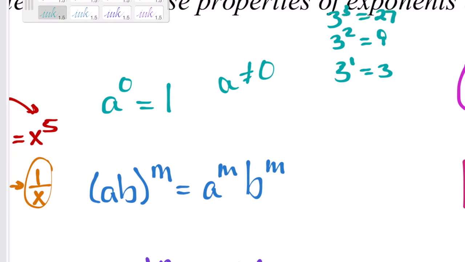So as I'm going up the exponents, I keep multiplying by 3, which means if I'm going the opposite direction, I'm dividing by 3. So 27 divided by 3 would give you 9, which is the 3 squared. If I went 3 to the first, I divide 9 by 3 and get 3. So in order to get 3 to the 0 power, I do 3 divided by 3, which would give me 1. So again, this is why it kind of doesn't work for 0, because you would have to divide by 0, and we're not allowed to divide by 0.